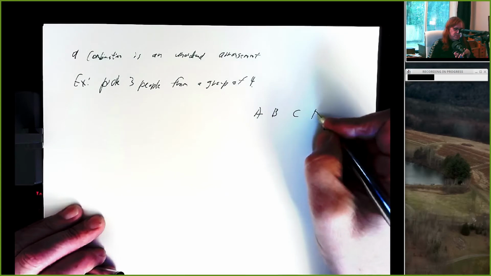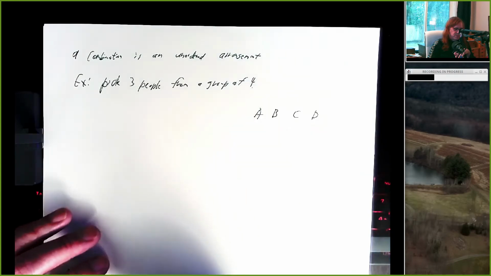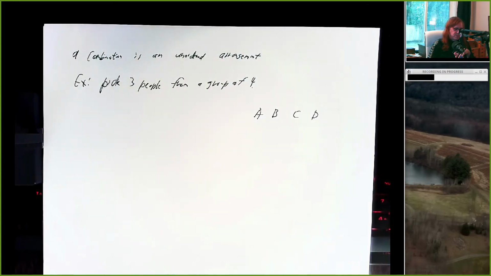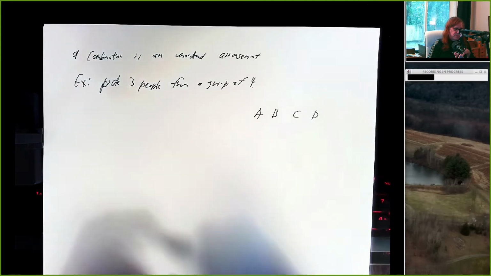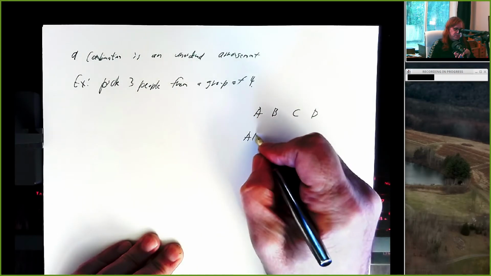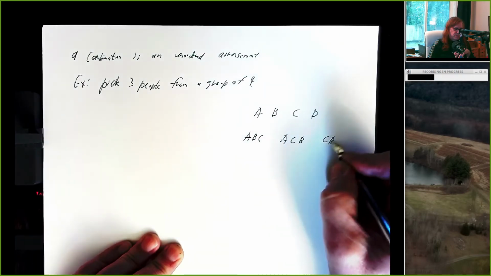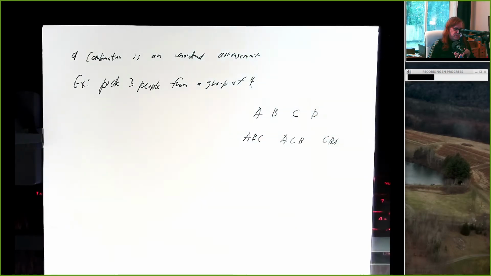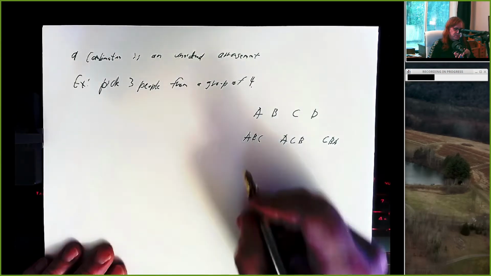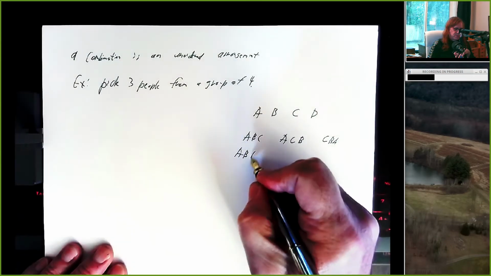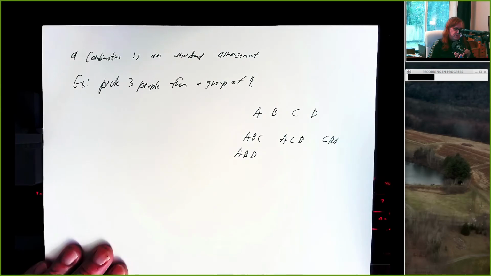Oh, an unordered arrangement. It's unordered, and that's going to make a difference. You can't pick somebody twice, but for example, if I pick ABC, or I pick ACB, or I pick CBA, that's all the same choice of 3 people. But if I pick ABD, that's a different set of 3 people.